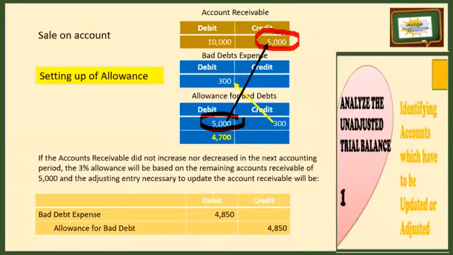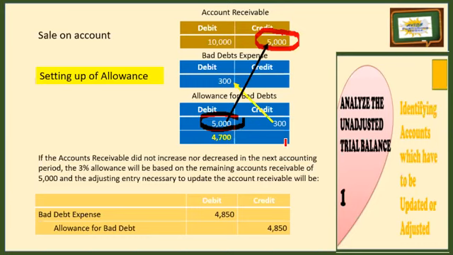This is the difference between the direct write-off and allowance method. In direct write-off, the actual uncollectible amount is directly charged against the bad debt expense. In the allowance method, the actual uncollectible account is charged against the allowance for bad debts account. And the actual expense for the bad debt will be recognized at the end of the period when a new allowance is set up.